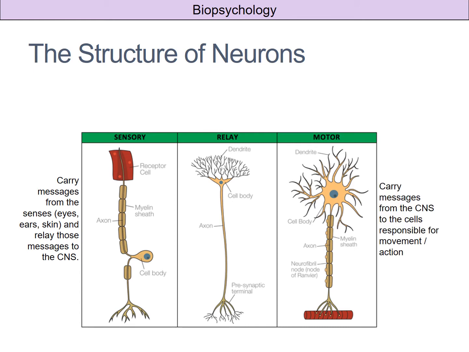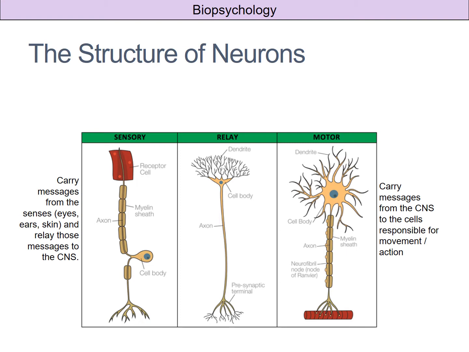Motor neurons do the opposite. So motor neurons carry messages from the central nervous system to whichever cells or glands or organs are responsible for whatever movement, action or response needs to be given. Now, if you look at the structure of these 2 neurons, in both cases, at one end they are connected to a receptor cell in the case of sensory neurons, or in the case of motor neurons at the bottom, you can see it's connected to that red tube.